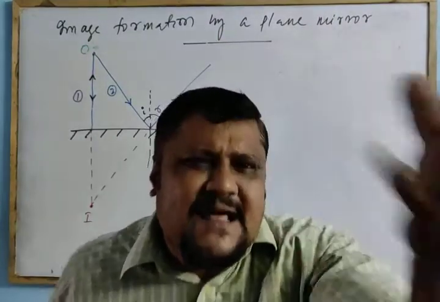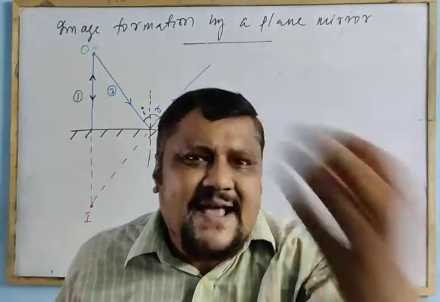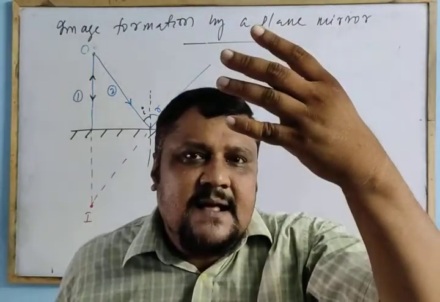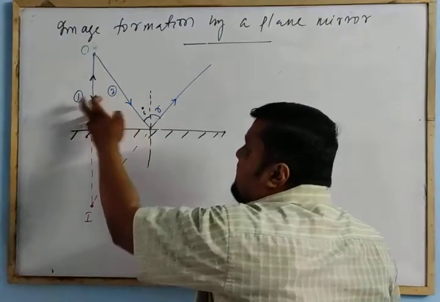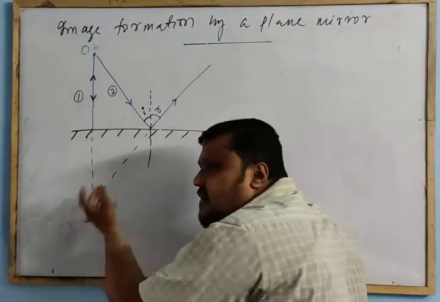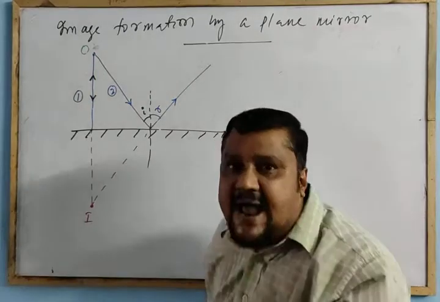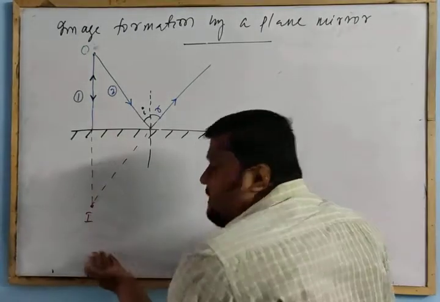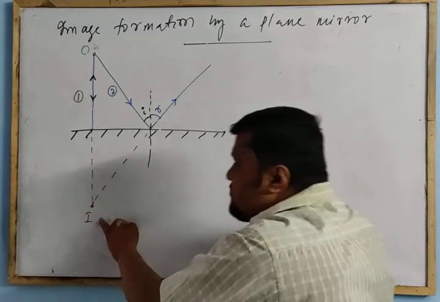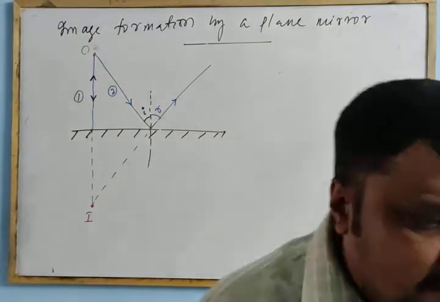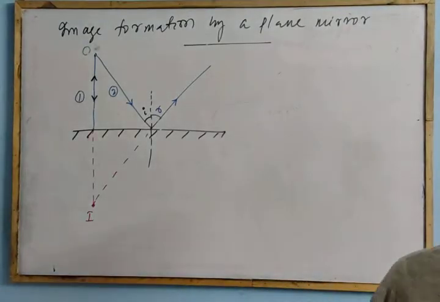I will see only the rays, and my sensation is that these two reflected rays come from a point. The eye is below this mirror. So this is the image of the object O. Remember, this is the image of the object O.